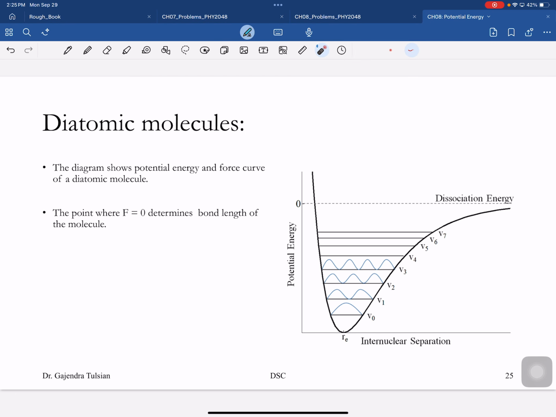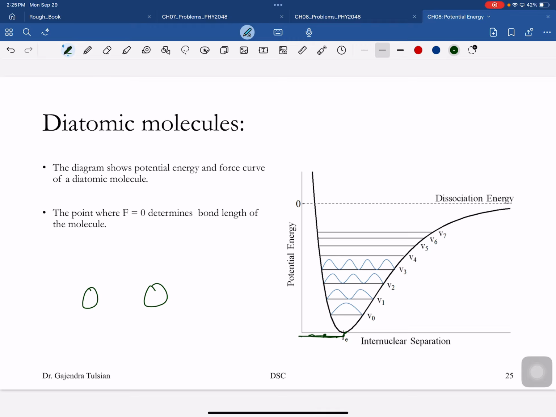Here is a potential energy curve for diatomic molecules. This room is full of diatomic molecules, 2 oxygen atoms, 2 nitrogen atoms, and so on. The question is, how far apart are these atoms? If they're this far apart, the potential energy is minimum.